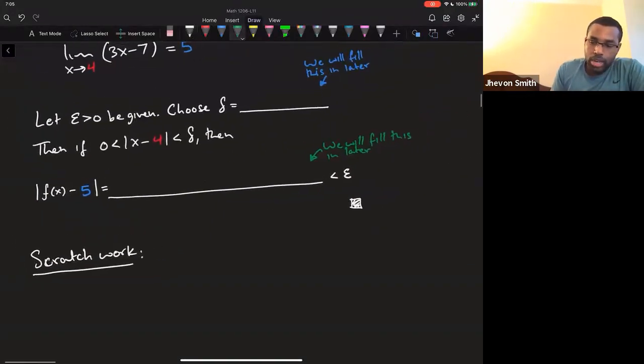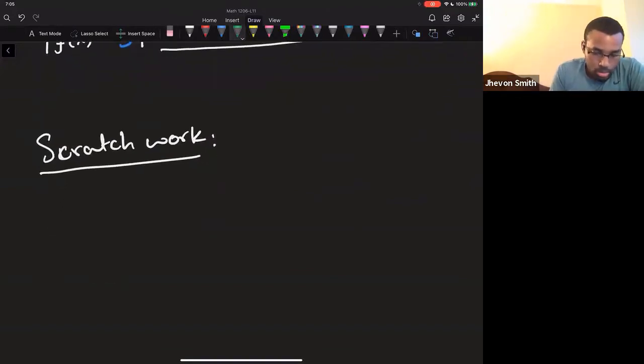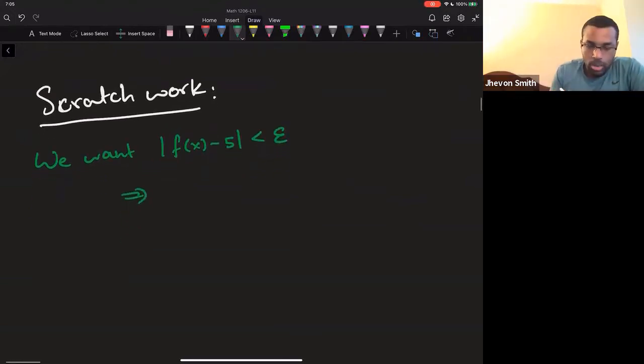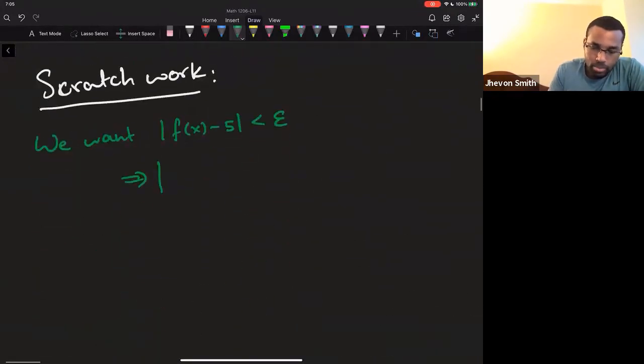So I'm going to show you how to get the green calculations, what you're going to put in here. Notice that we want f of x minus 5 to be less than epsilon. But what is that? Well, f of x is 3x minus 7.